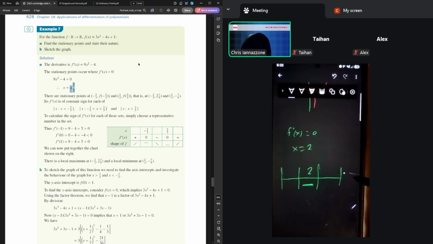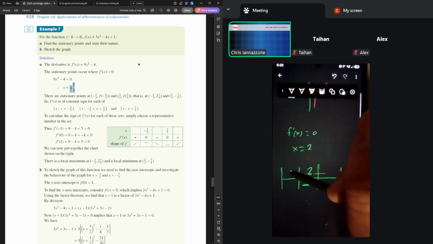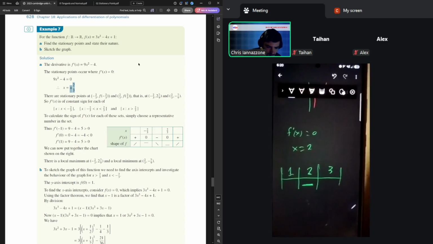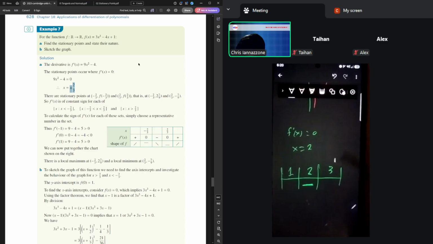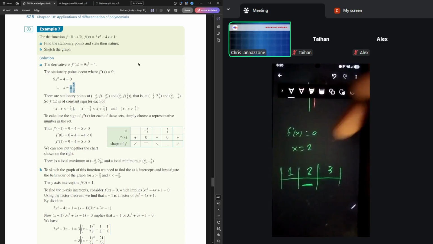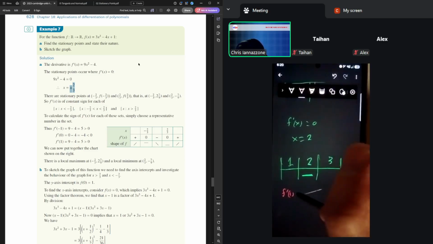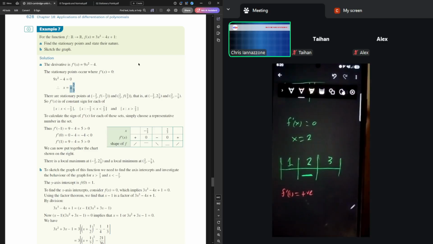The idea is that we say, okay, x equals 2 is a stationary point. Awesome. If I pick a number less than that and a number greater than that and evaluate the gradients at those spots, I should be able to therefore get a rough idea what this curve will look like. So, one left, one right, or you can be a bit more strategic and choose x equals 0 here, because that's usually easier to work with. Either way, basically it means evaluating f dash of 1, and let's just say you get a positive number.